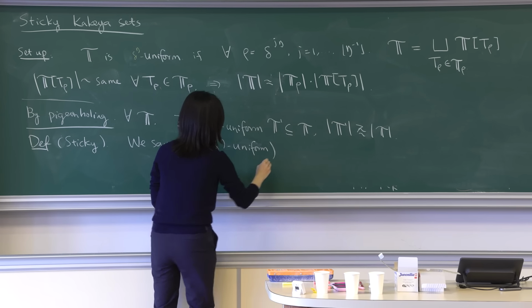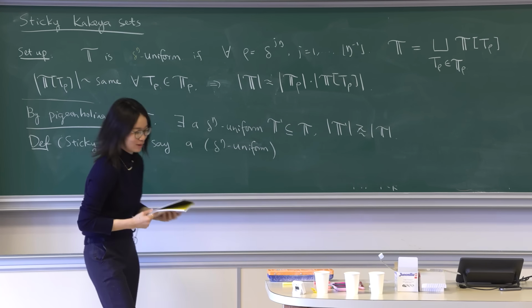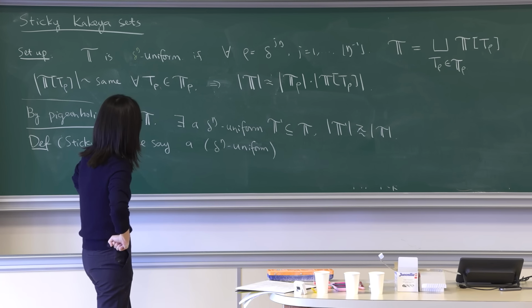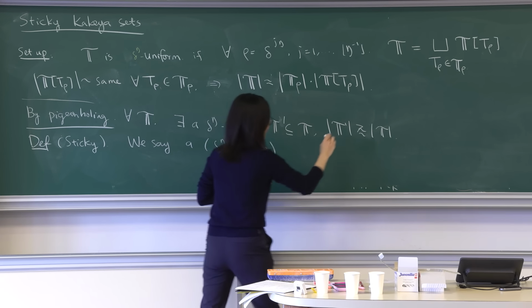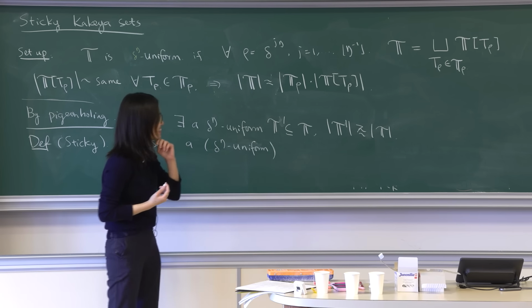Sorry, can you use the same notation? It's difficult for me to distinguish between T and T here. There exists a delta uniform T including T prime. Prime. Ah, prime. Thank you, I hadn't seen this prime.